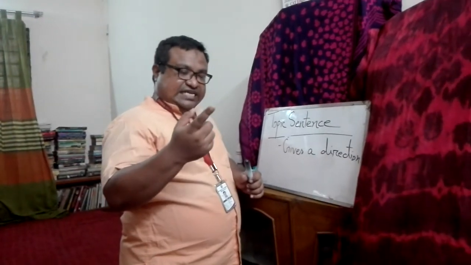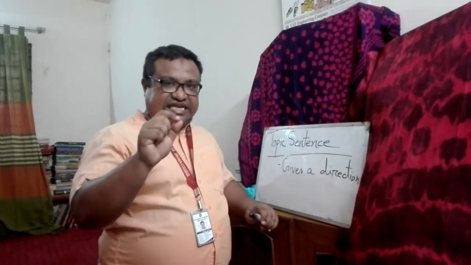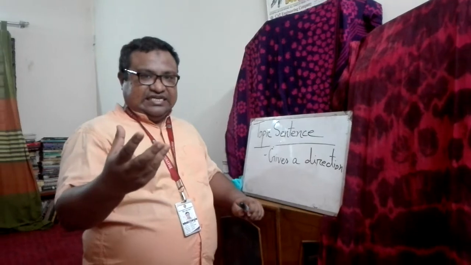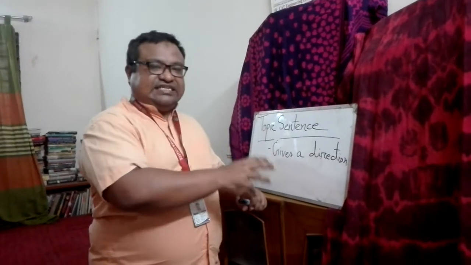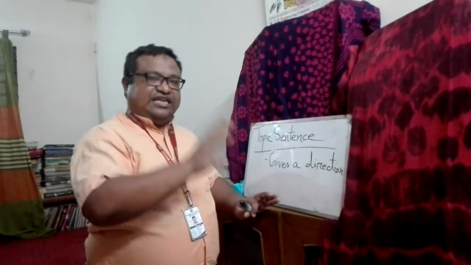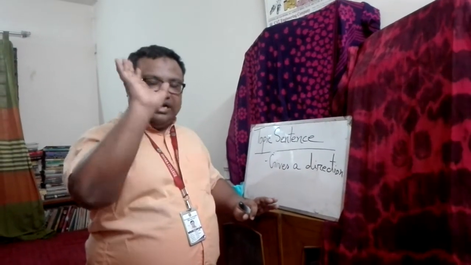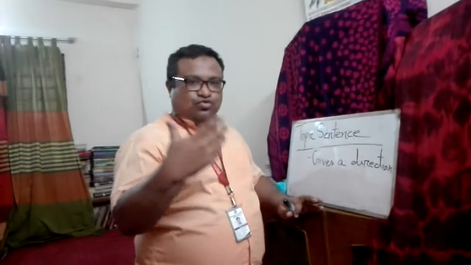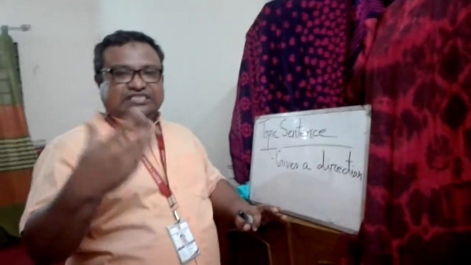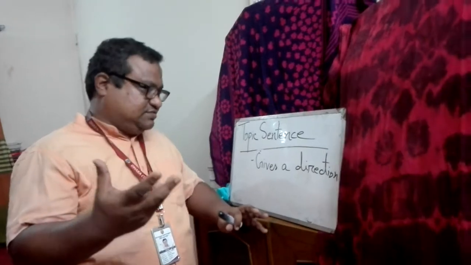When the writer is writing a good topic sentence, then he is just expanding it. So a good topic sentence is a kind of direction for the writer. That is, okay fine, you are now talking about the cow and the cow is a domestic animal, so you will speak about the cow and how this domestic animal is helpful for us.